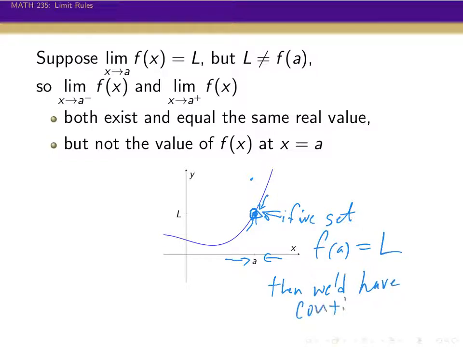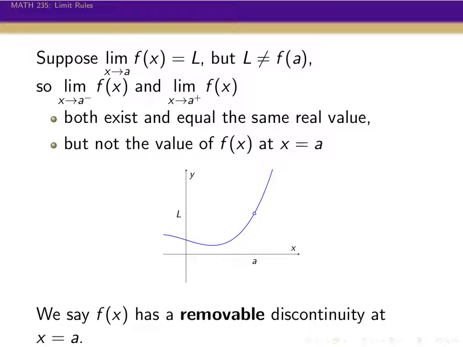That's all we need to do to make this continuous at a. Since it is so easy to remove this discontinuity just by filling in that dot, we call this a removable discontinuity. It's removable because we can fix it just by filling in that hole, and then it's gone. And now we have a continuous function again.